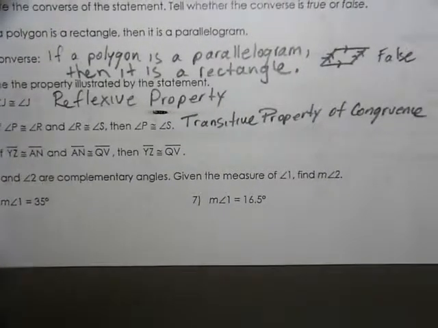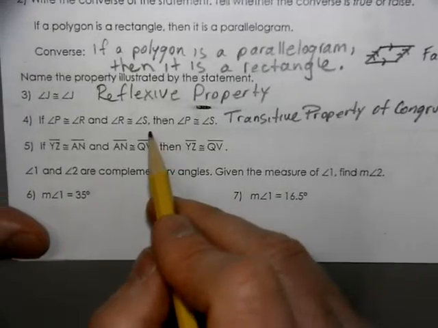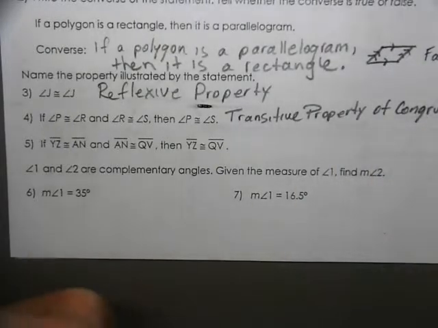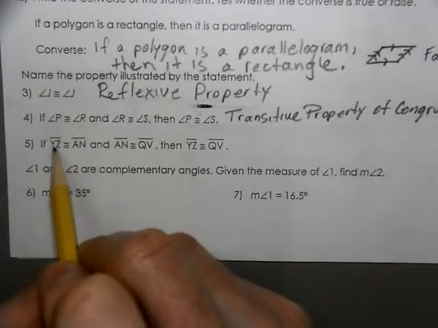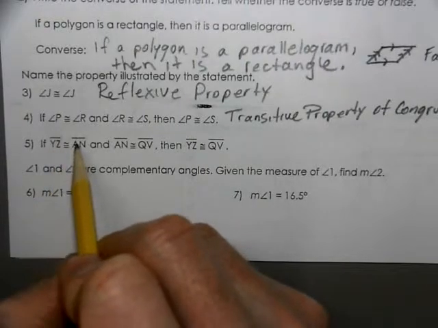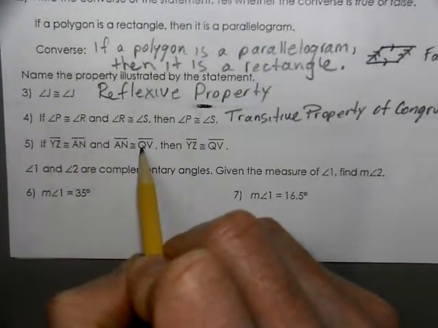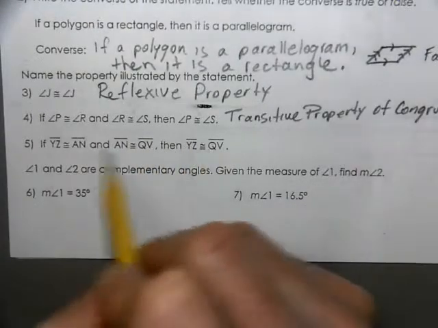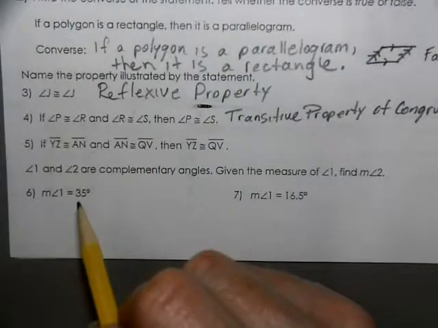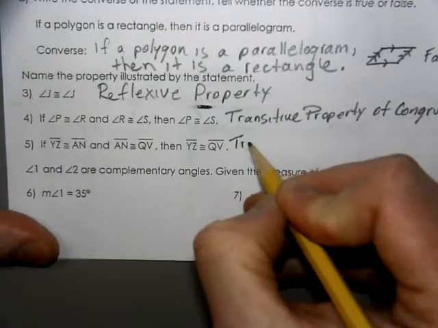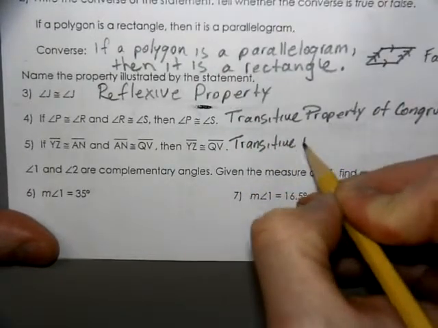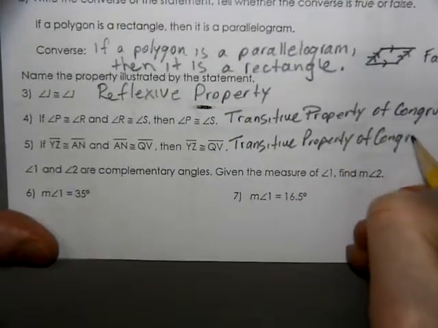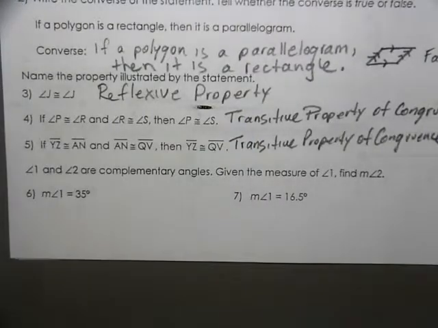Be sure you use congruence and not equality, because these are congruent symbols. We often abbreviate that as POC. If YZ is congruent to AN, and AN is congruent to QV, then YZ is congruent to QV. Again, that's the transitive property of congruence.